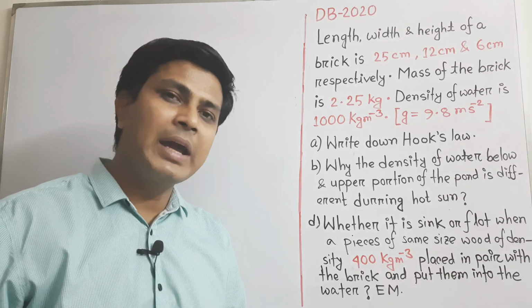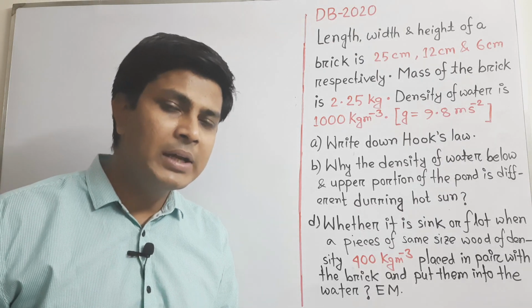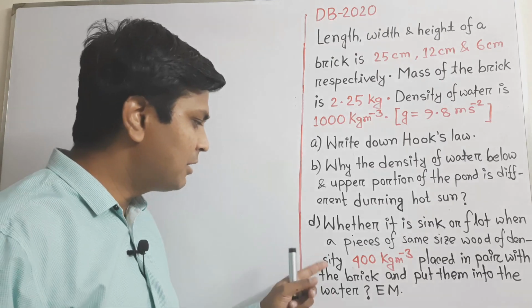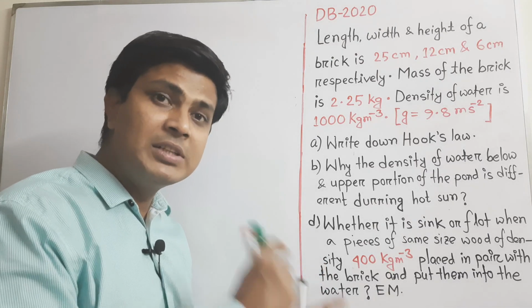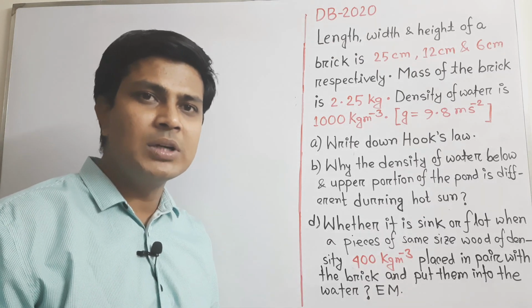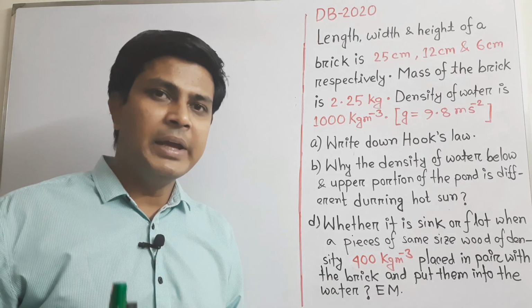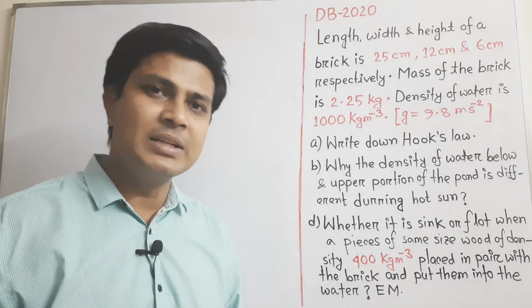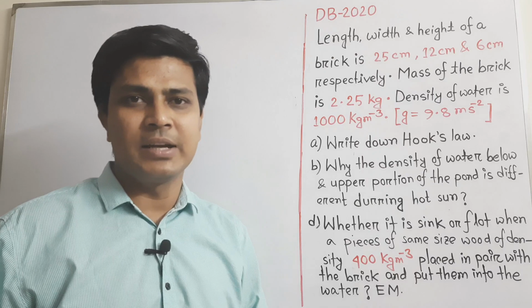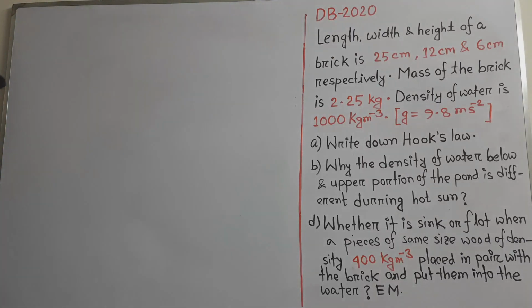So we have to calculate the density of the brick with the wood. If the density of the brick with wood is less than the density of water, then it will float. And if the density of brick with wood is more than the density of water, then it will sink. So let's solve the question D.